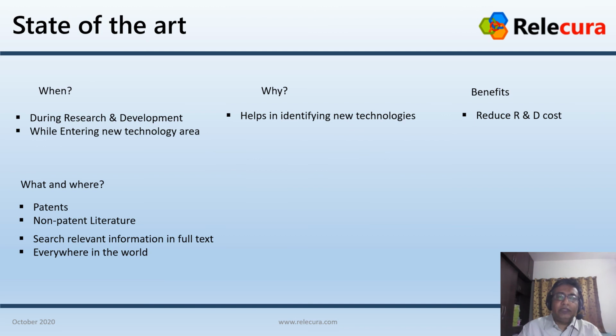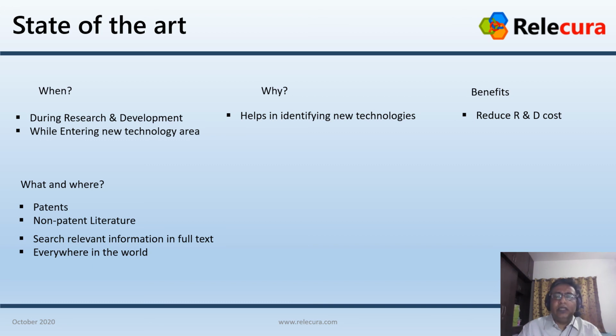Second type of search is the state-of-the-art search. This is the broad search, then the patentability search. And the purpose of doing this search is during our research and development, R&D, when we are looking for some new technology, whether we should invest in R&D or not. So before that, we should do this state-of-the-art search.